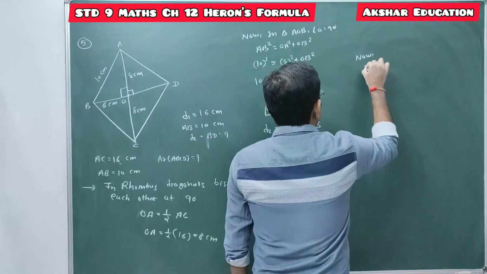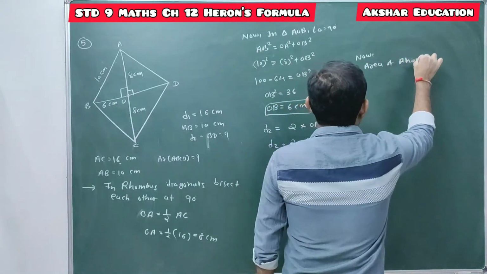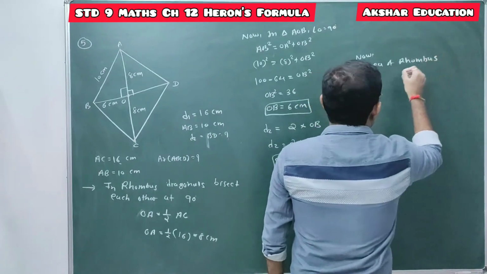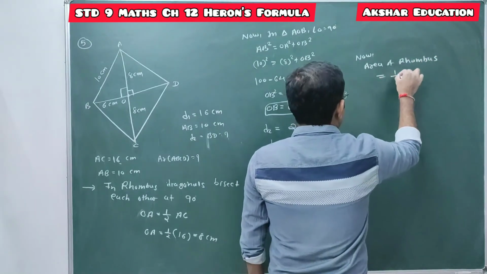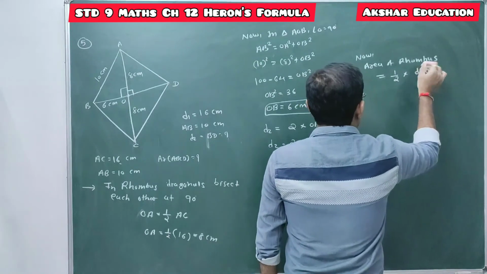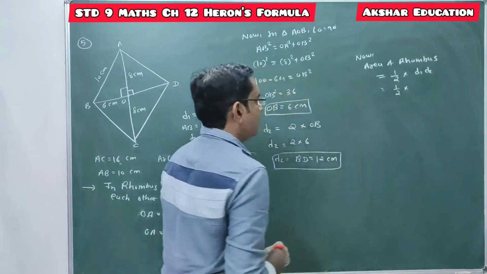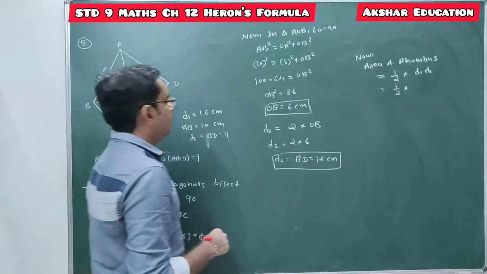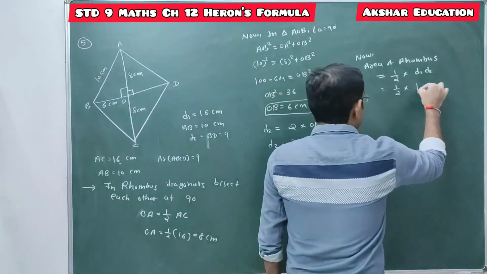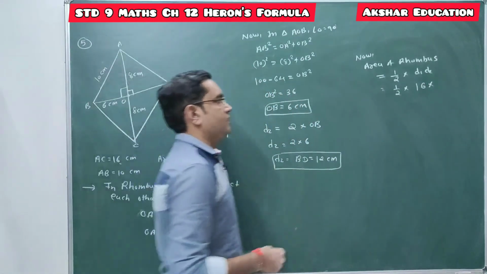So now, the area of the given rhombus is nothing but the product of its diagonals divided by 2. So 1 by 2 into D1 D2. 1 by 2 into D1, the given diagonal, is 16, and D2, the derived diagonal, is 12.